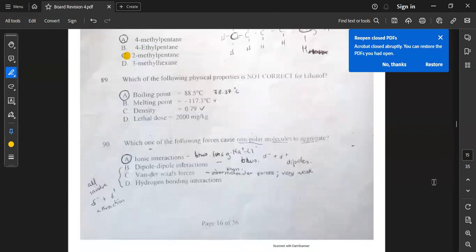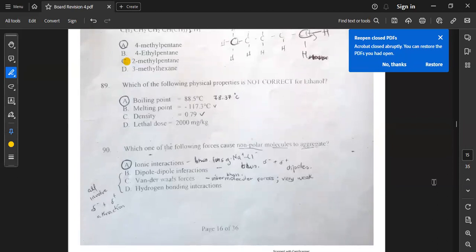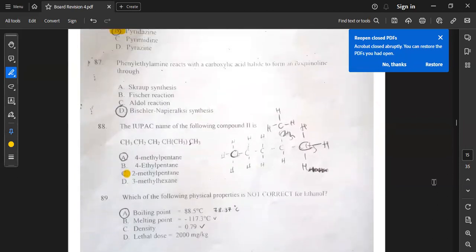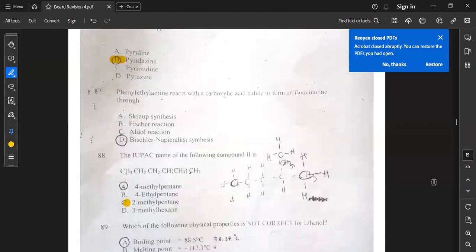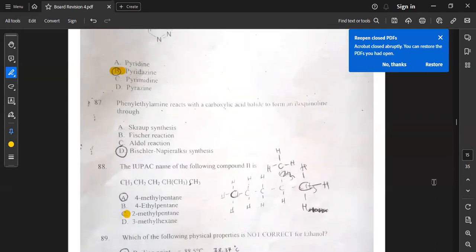And next, the question asks, which one of the following... Someone is talking about number 87, saying that according to Google, it's the circle choice, the Fischer–Speier synthesis. Spider-Man, again, please just share the link to the group.